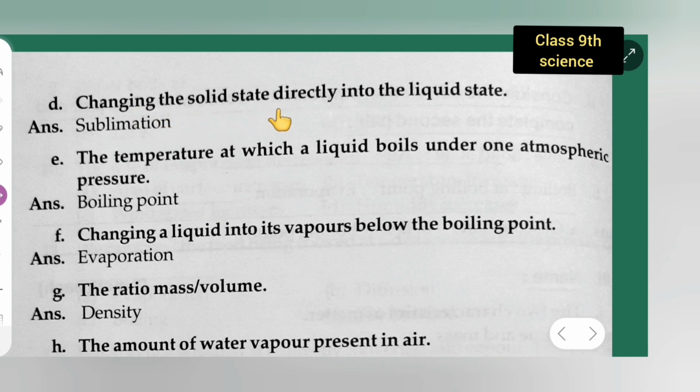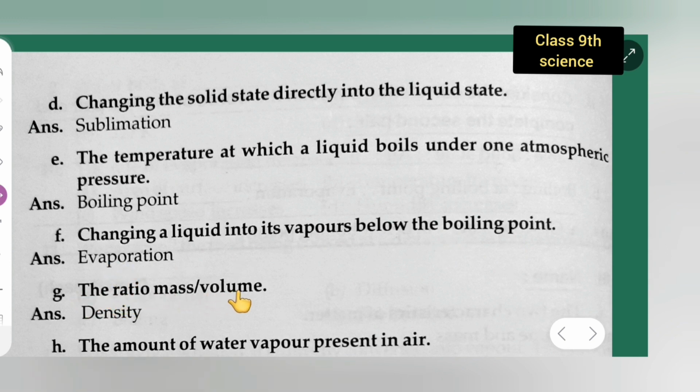Changing the solid state directly into the gaseous state is sublimation. Next is the temperature at which a liquid boils under 1 atmospheric pressure is boiling point. Question number F, okay. Next question is changing a liquid into its vapor below the boiling point is evaporation.